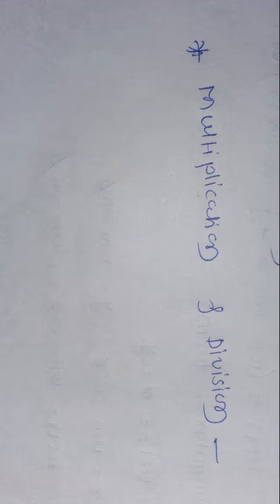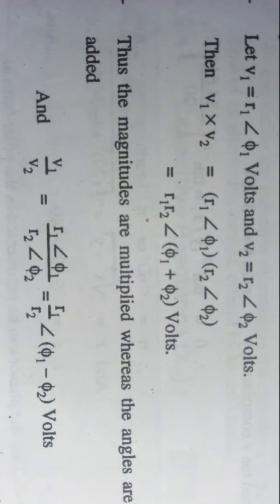Now we will go for multiplication and division of phasors. Now consider two phasors. Phi1 is equal to r1 at an angle phi 1 and phi2 is equal to r2 at an angle phi 2.